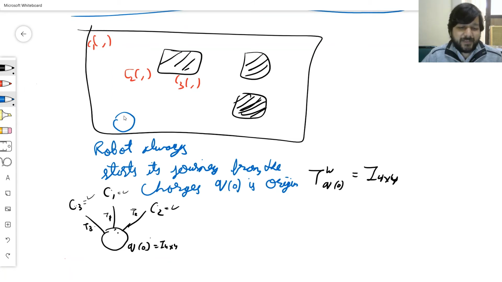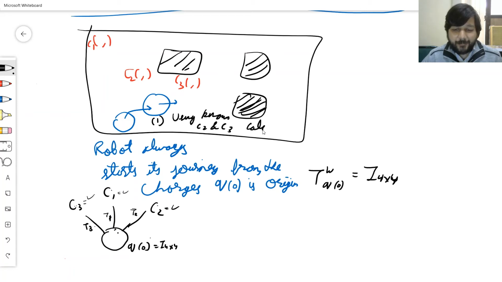Now the robot moves an unknown distance, let's say over here, and it can look at C2 and C3. So now my problem is, using known C2 and C3, calculate position. And that's how I represent the problem. I moved an unknown distance, so Q1 is unknown.